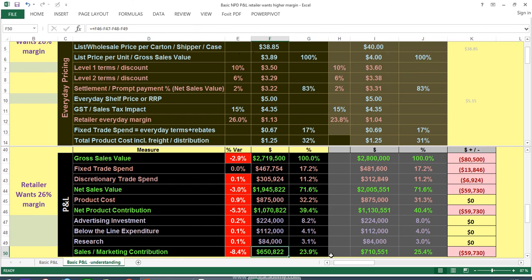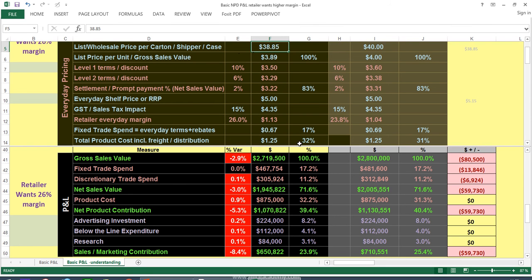So you're left with about $60,000 less than you started with. You basically shifted that money to the retailer. So you're 8.4% down on your sales and marketing profit or contribution. That is a common scenario that you encounter in businesses once businesses have planned a new product and they go to the retailer and then they say, no, the margin's not right, etc.